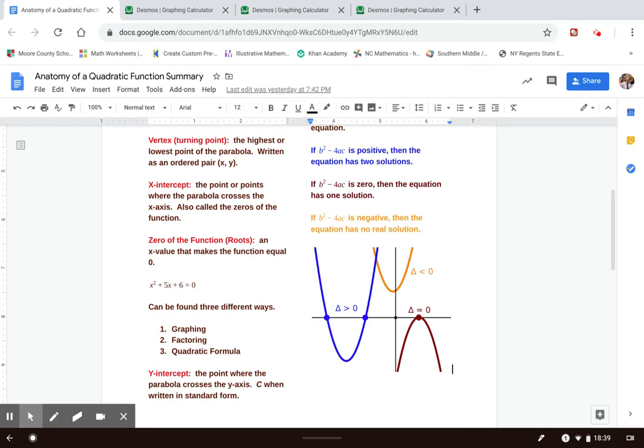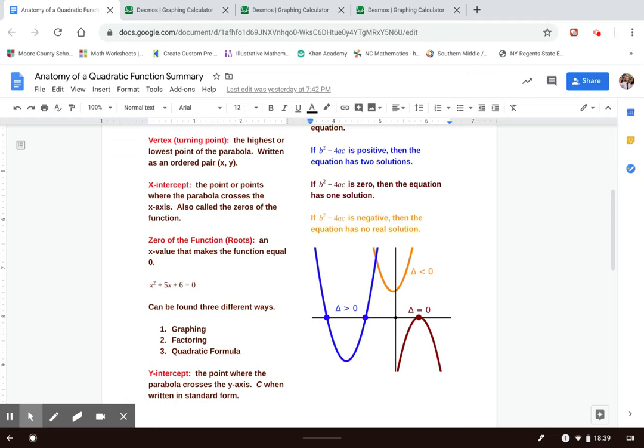If you look at the brown writing, it says if b squared minus 4ac is 0, then the equation has one solution. So again, if you look at the brown graph, it crosses my x-axis one time. There's one point on that graph that touches my x-axis. And if you were to look at the orange writing, it says if b squared minus 4ac is negative, then the equation has no real solution.